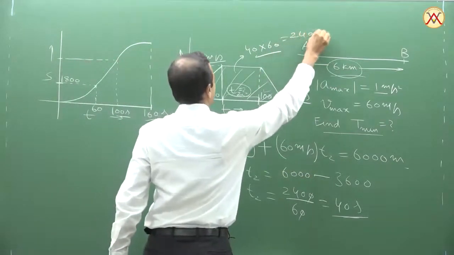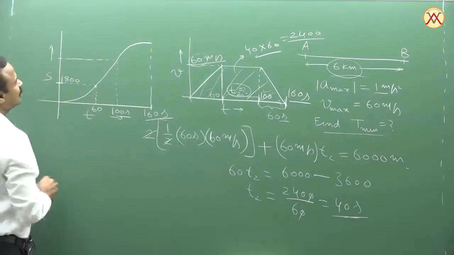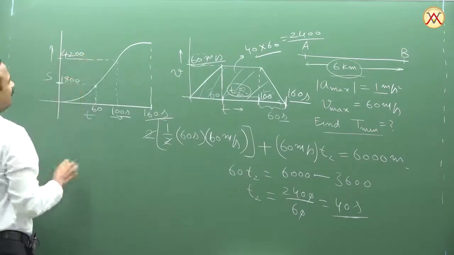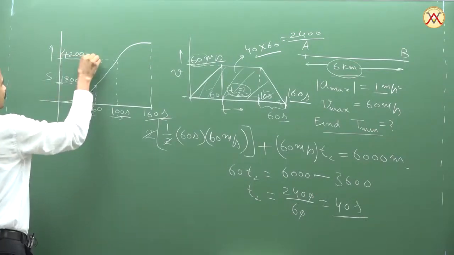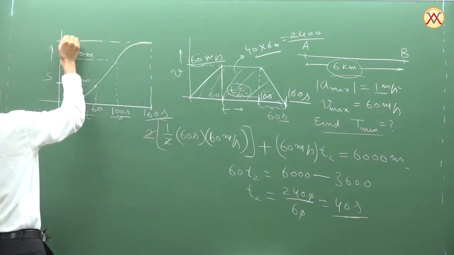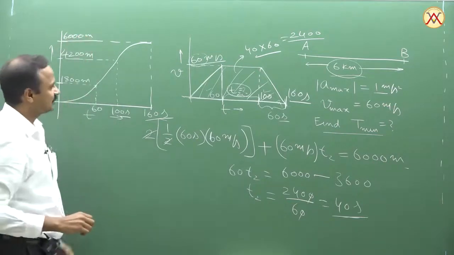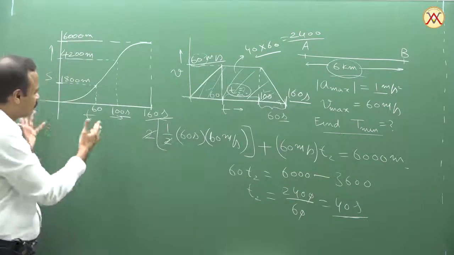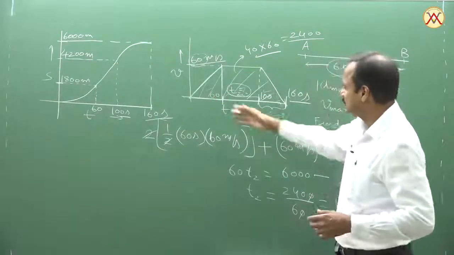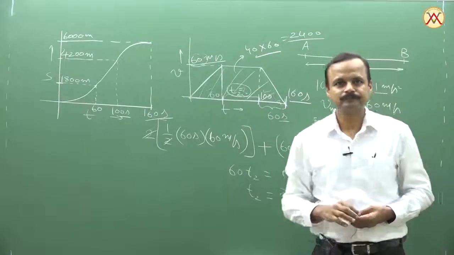So 2400 plus 1800 becomes 4200 here. And this displacement is, of course, in meters. And at the end of the journey, of course, it has to be 6000 meters or 6 kilometers. So the displacement-time graph, if you want to plot, will look like this. The problem, of course, can be solved just by plotting the VT graph and doing the right calculation.